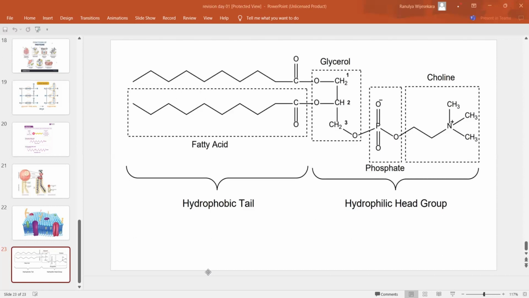Next point. Large biological molecules. Next point. Not considered as polymers or macromolecules.